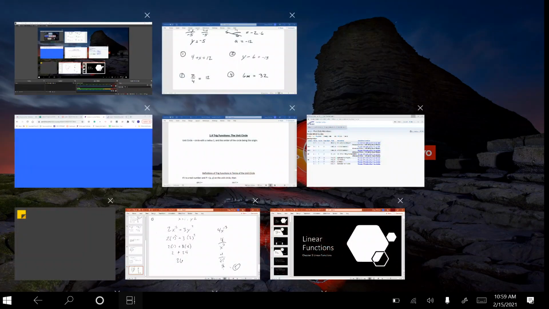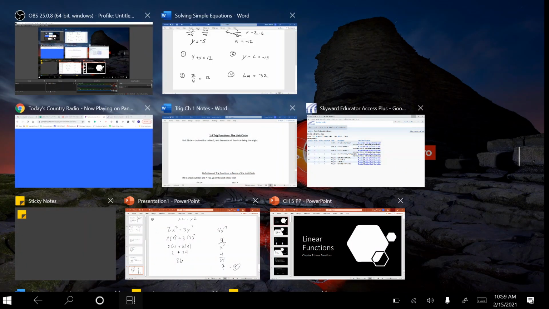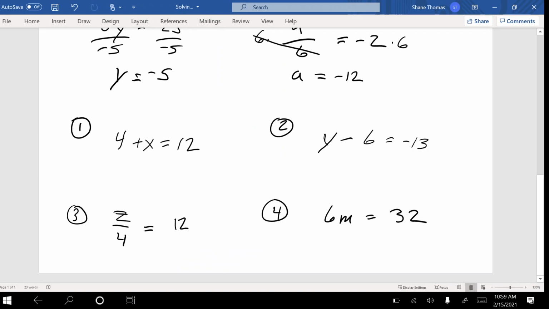So the first one we have 4 plus x equals 12. So we subtract the 4 from both sides, get x equals 8. Second one, if y minus 6 equals -13, we add a 6 to both sides, we get y is equal to -7.